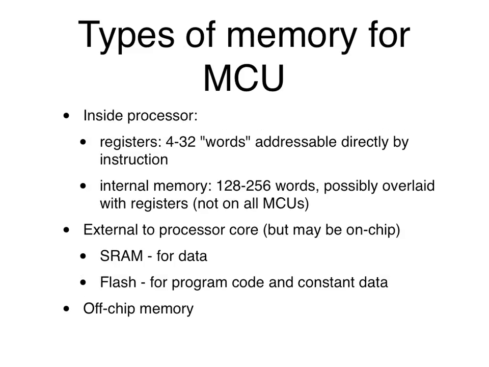Now, internal memory could be something you might not find on a lot of regular general purpose processors, but you find more with embedded microcontrollers. And they're on the order of 128 to 256 words. These are also close to the processor, and sometimes they overlap registers.